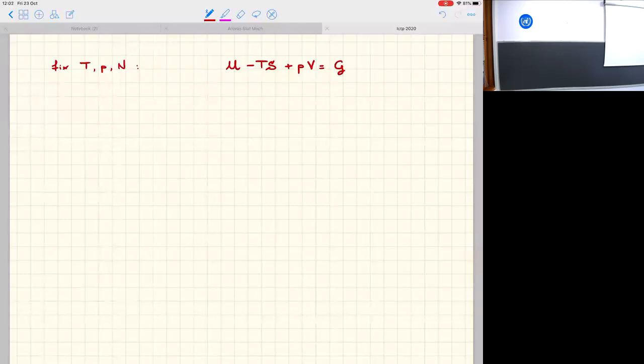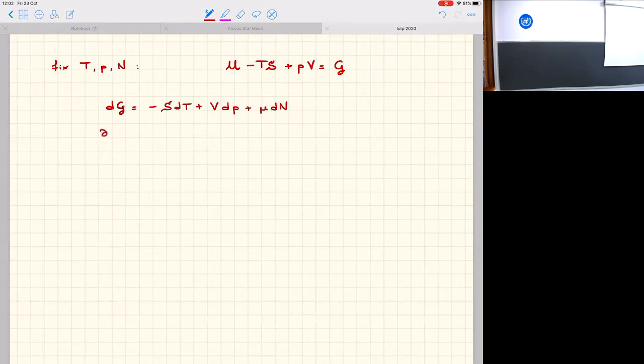And then I will have that dG, well, you can work it out yourself. dG is equal to what? Minus SdT plus VdP plus mu dN.